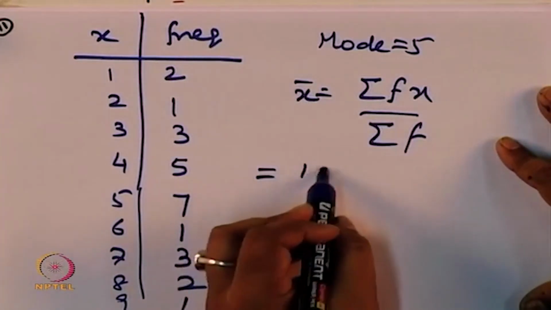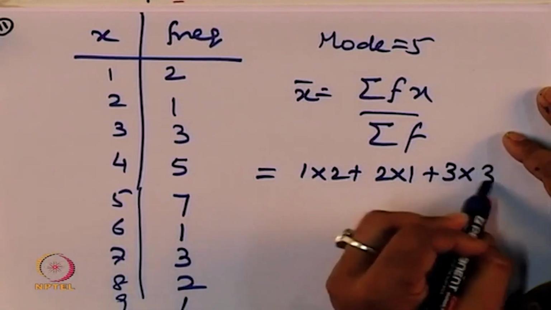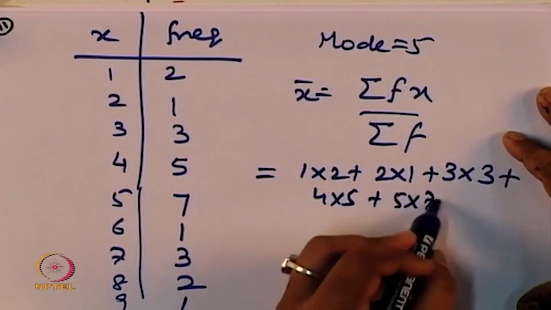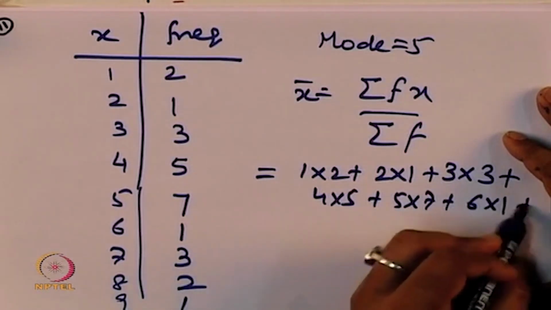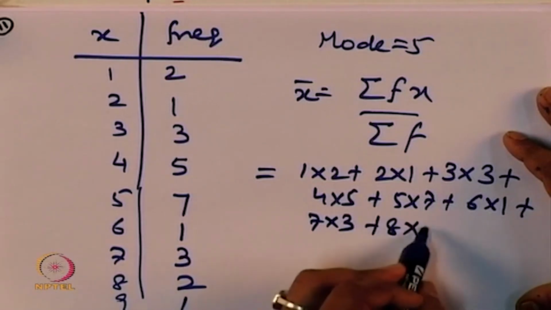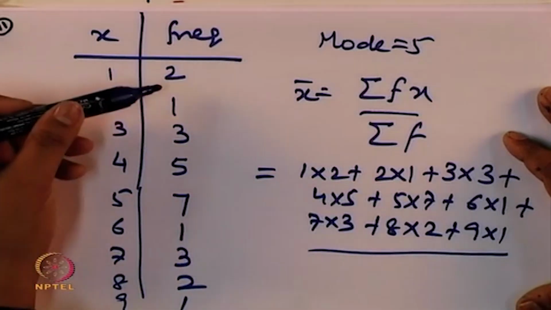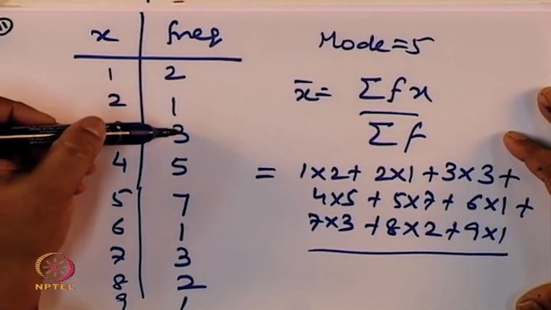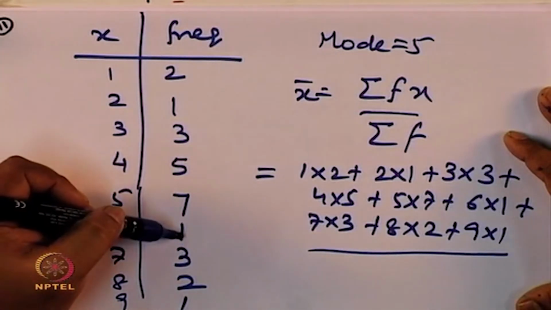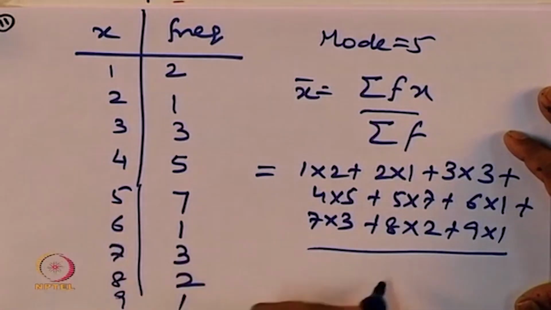This gives 1 into 2 plus 2 into 1 plus 3 into 3 plus 4 into 5 plus 5 into 7 plus 6 into 1 plus 7 into 3 plus 8 into 2 plus 9 into 1, divided by the total number of observations, which is 2 plus 1 is 3, 3 plus 3 is 6, 6 plus 5 is 11, 11 plus 7 is 18, plus 1 is 19, plus 3 is 22, 24, 25.